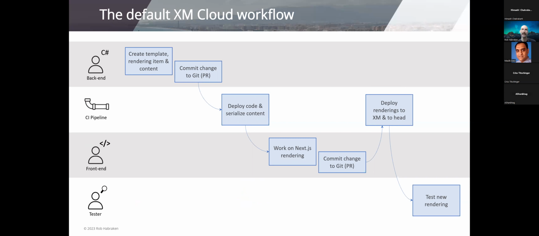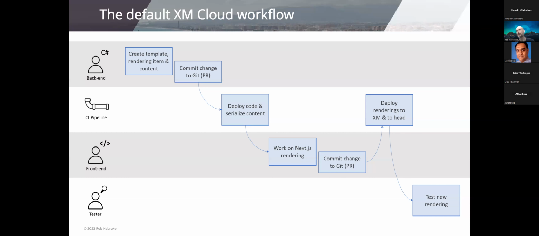I've named it a backend developer, but it could also be a Sitecore developer, and your backend developer is more working on the microservices and the integrations, or maybe the Sitecore customizations of the foundation, and then commit your changes to Git with a pull request, get a pipeline to deploy your code. Obviously, you can also deploy directly from your machine with the CLI commands, but I'm not a big fan of that. I will also always centralize this in a pipeline.